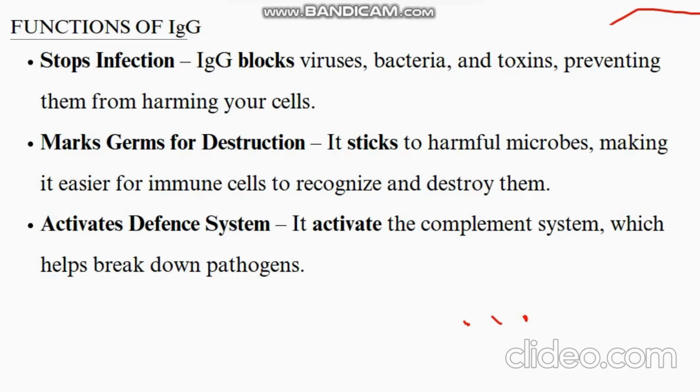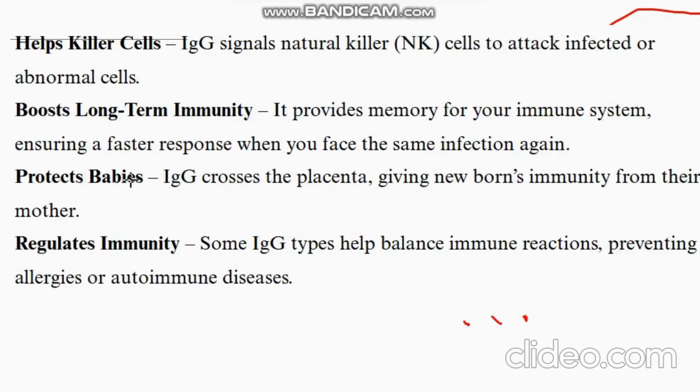Then it also has some other functions, like it helps natural killer cells. IgG gives signals for the natural killer cells, that is called NK cells, to attack the infected or abnormal cells. So IgG antibodies will give the signal for the NK cells.